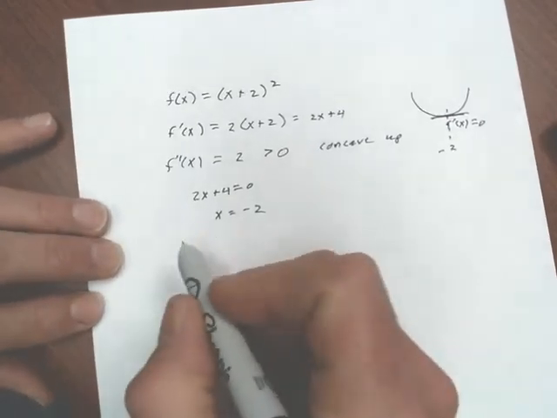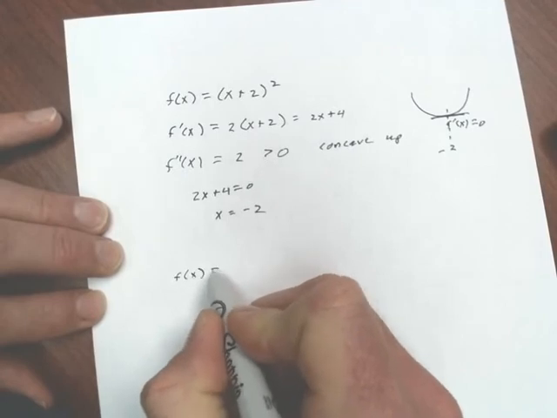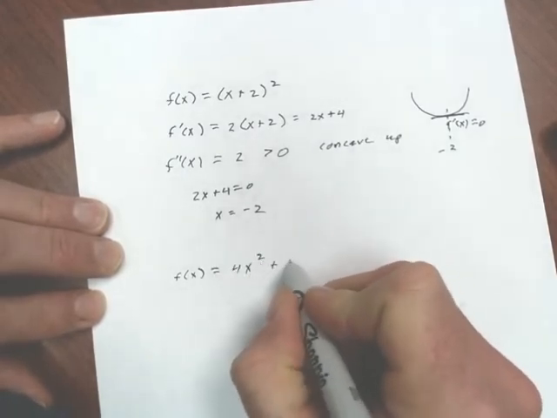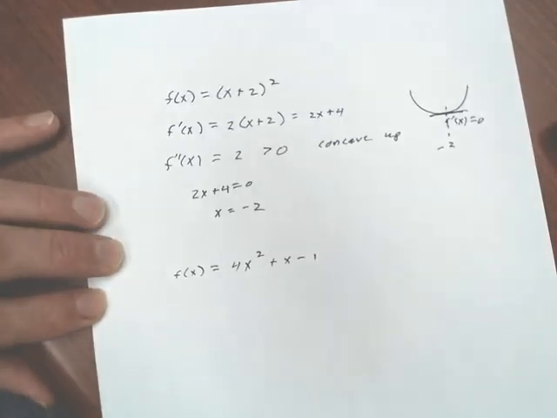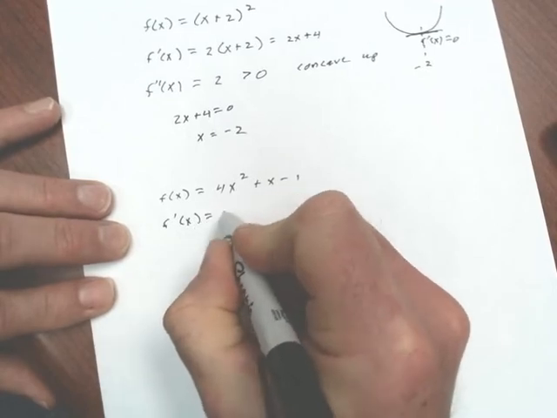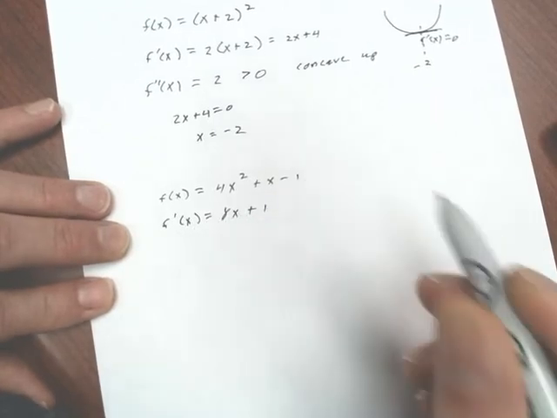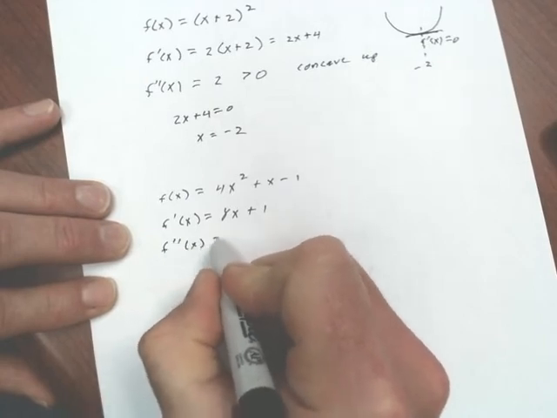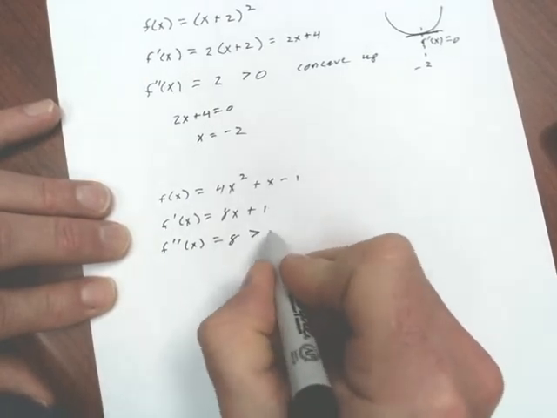Let's assume we have f of x equals 4x squared plus x minus 1. Okay? Now, the first derivative of that function, of course, is 8x plus 1. The second derivative is 8, which is greater than 0.